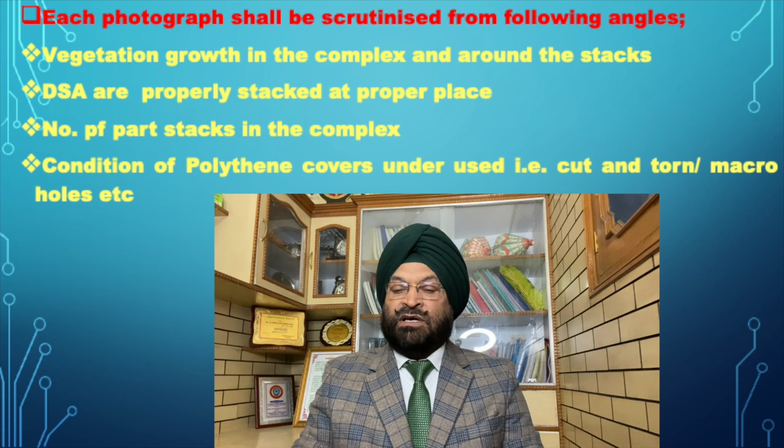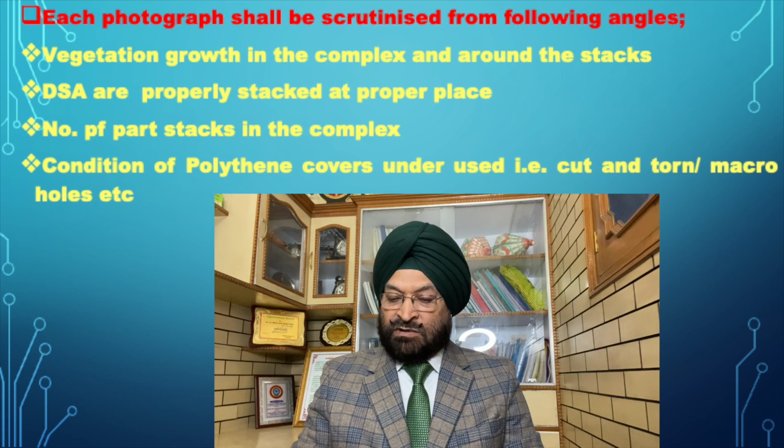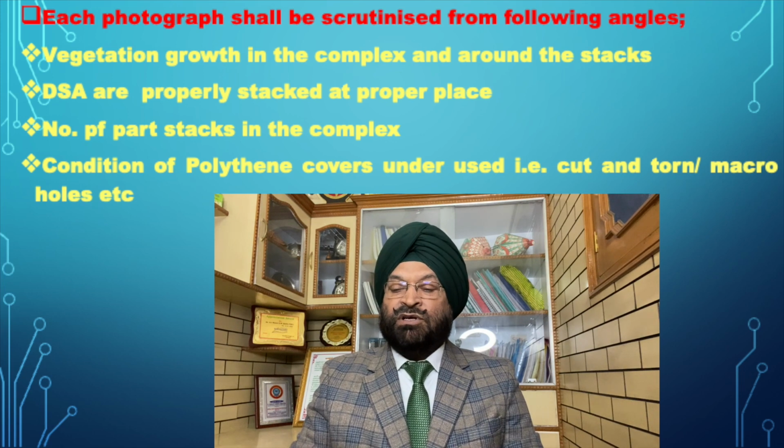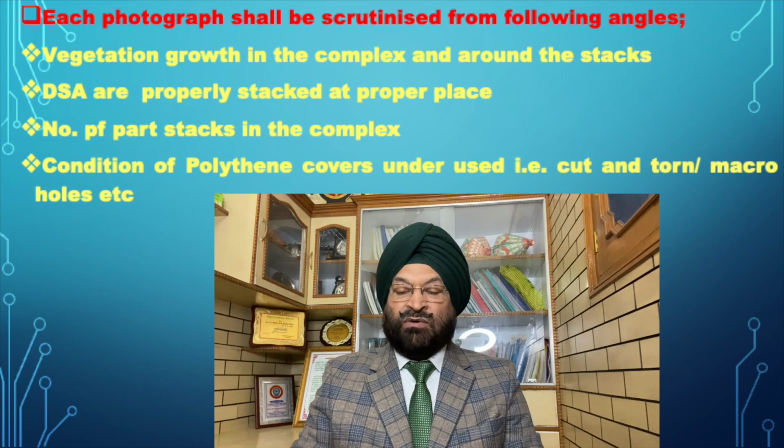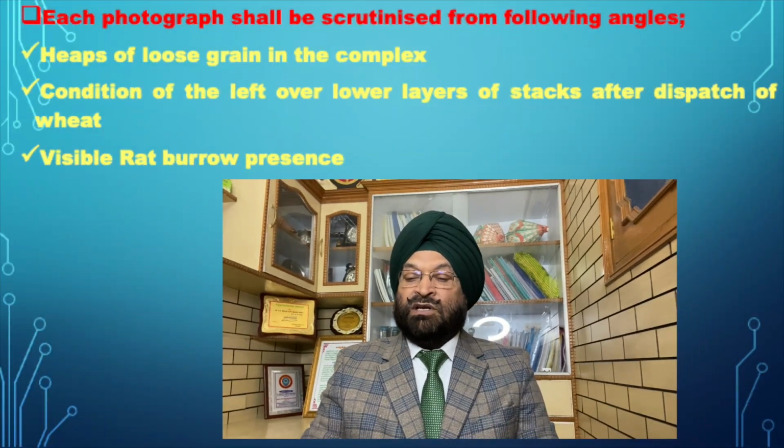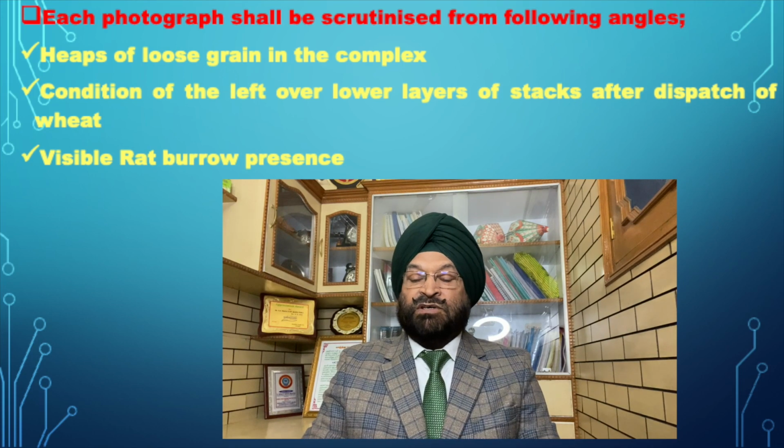Number of part stacks in the complex. The condition of the polythene covers under use, whether there is a cut or a macro hole. Heaps of loose grain in the complex, if there are any. Condition of the leftover lower layer of the stacks after dispatch of the wheat. What is the status of that? That has to be checked.